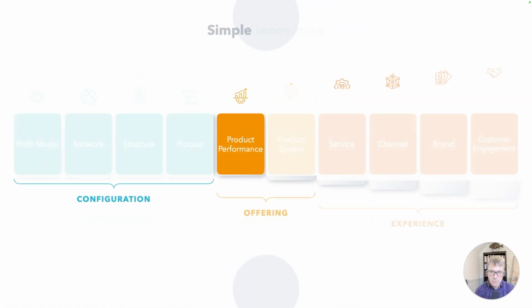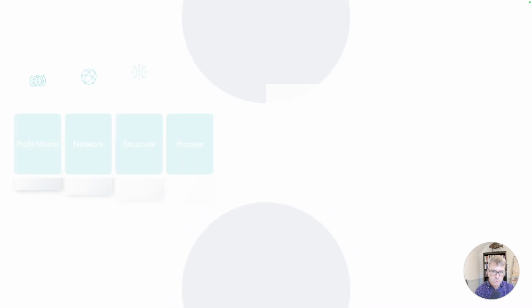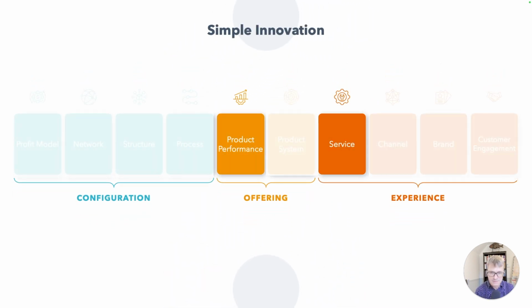Most organizations are really focusing on simple innovation. They innovate in one type, or they could even go to two types, which is also known as simple innovation. Why do we call them simple? Because it's not simple to innovate in product performance, but it's simpler to copy.